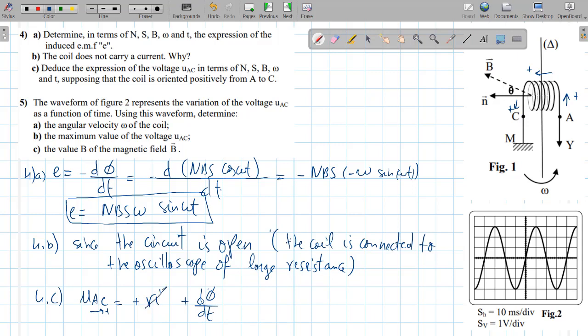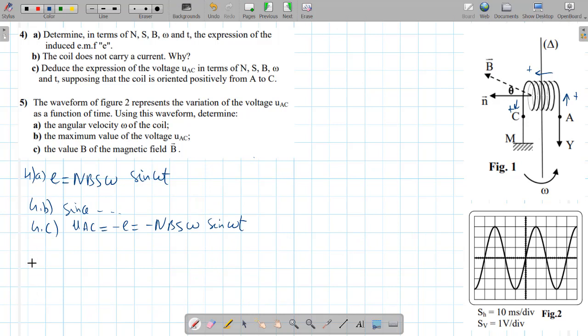So there is no current, إذا 0. d phi by dt equal minus E, so equal minus N B S omega sine omega t. هيدي اليو اي سي.